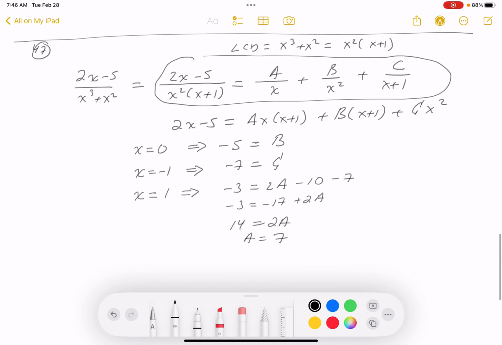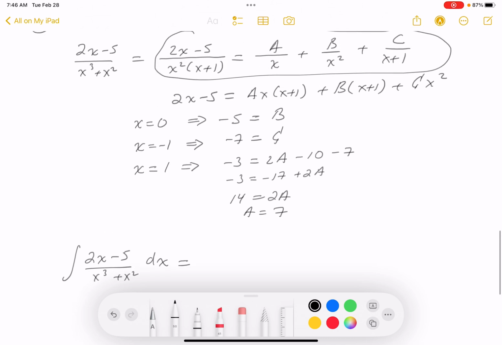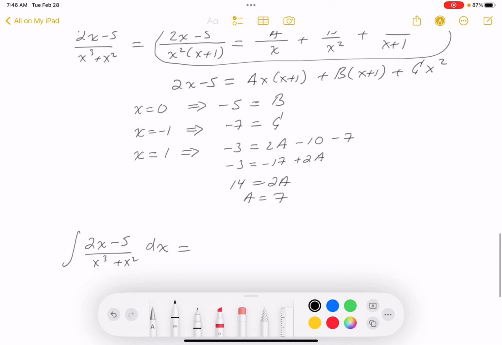All right, so I'm ready to do my integration. I'll put down the integration again. The integration was 2x minus 5 over x cubed plus x squared dx. A is 7, so I'm going to write down 7 over x dx.